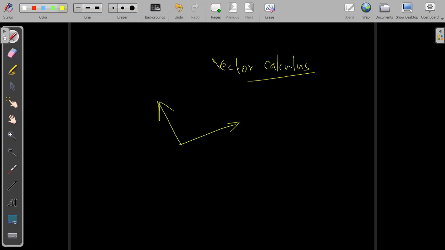If u is a vector and v is another vector, and u and v are said to be orthogonal, then u dot v is equal to 0. That is what you have studied, and the same we are extending to Rn here.